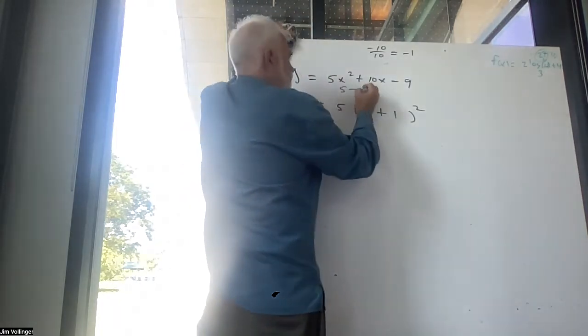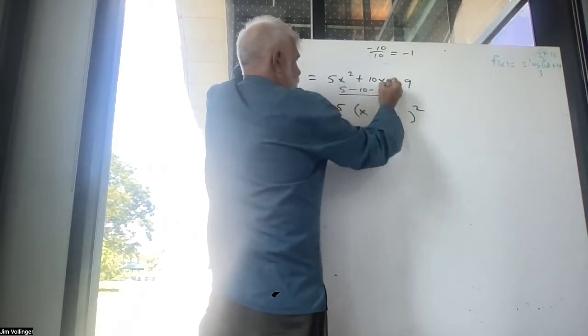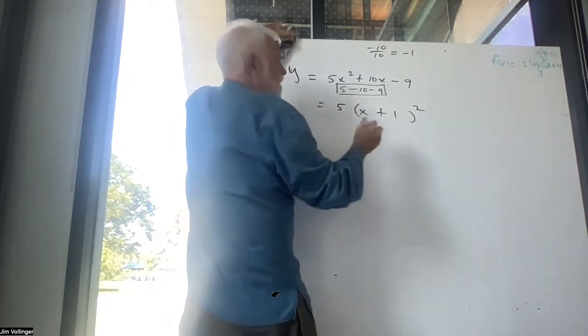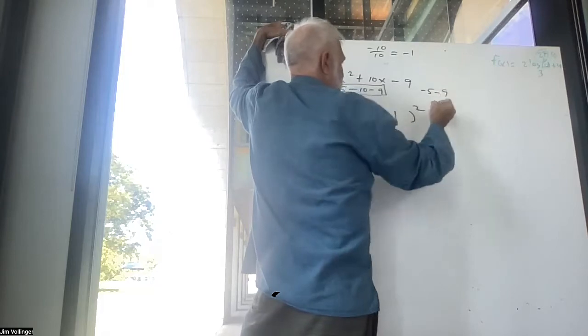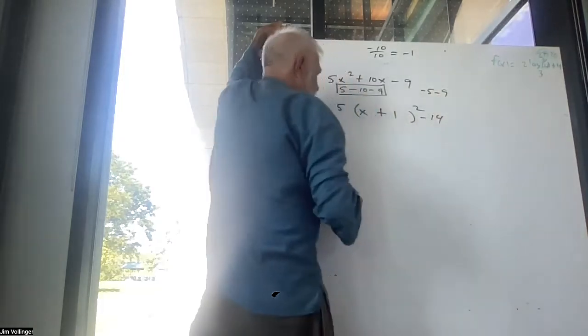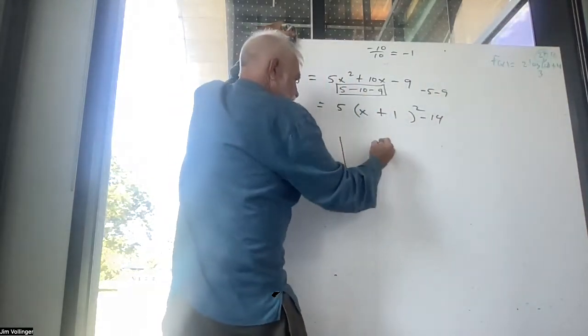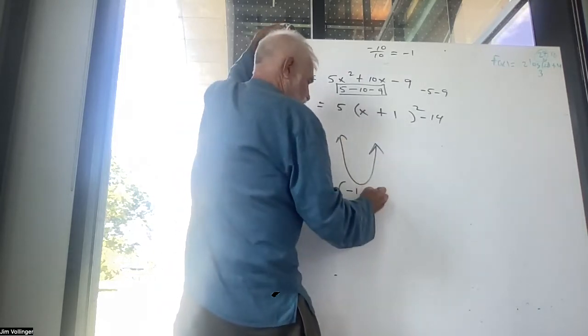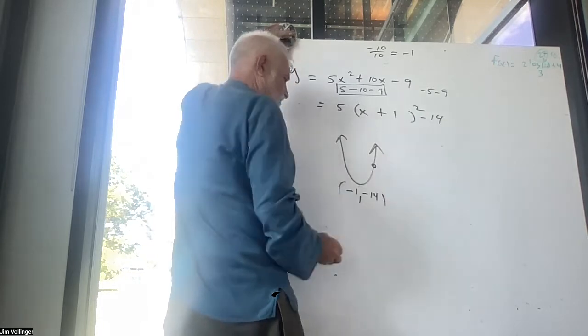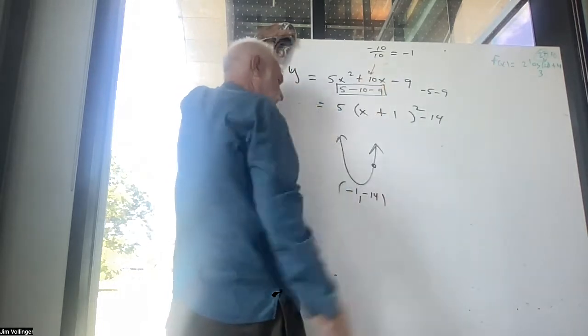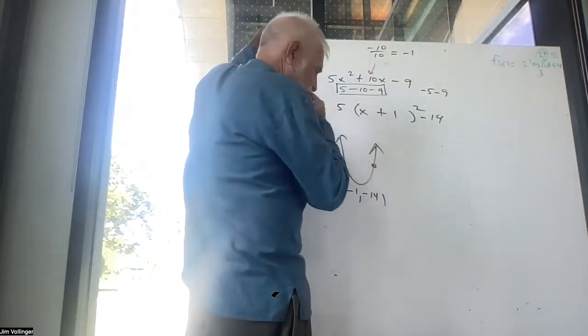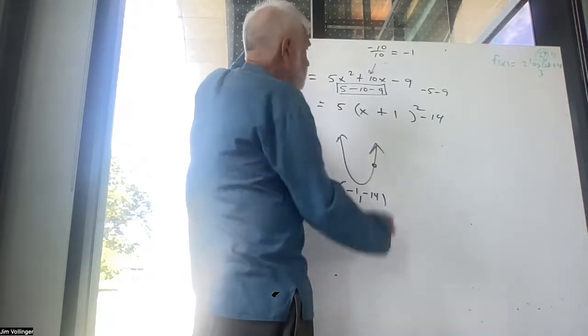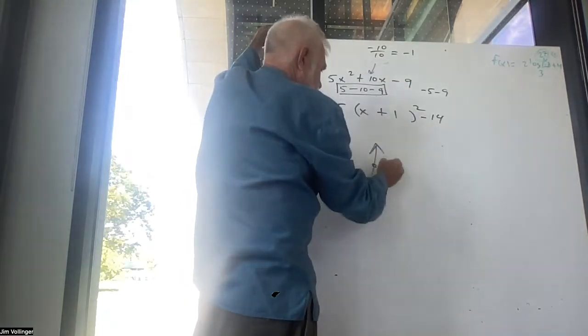This is 5, this is minus 10, this is minus 9. I like the look of that. So that's -5 minus 9, which is minus 14. Cup shape up. Vertex, -1, -14, 0's to the right, so positive middle term, yes, positive 10. Probably should have done some negatives, that's okay. And so that's the y-intercept.